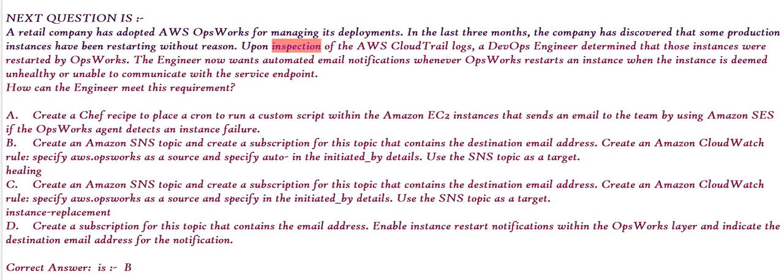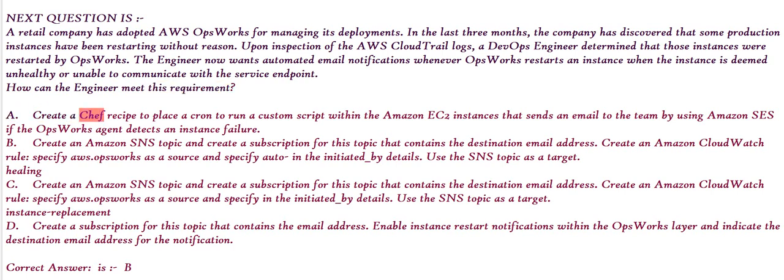Upon inspection of the AWS CloudTrail logs, a DevOps engineer determined that those instances were restarted by OpsWorks. The engineer now wants automated email notifications whenever OpsWorks restarts an instance when the instance is deemed unhealthy or unable to communicate with the service endpoint. How can the engineer meet this requirement?